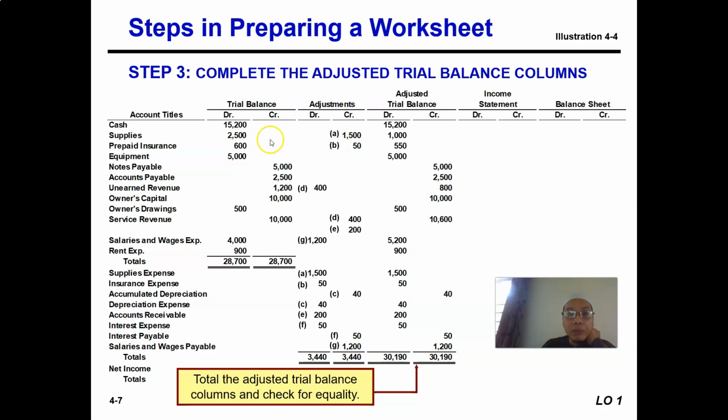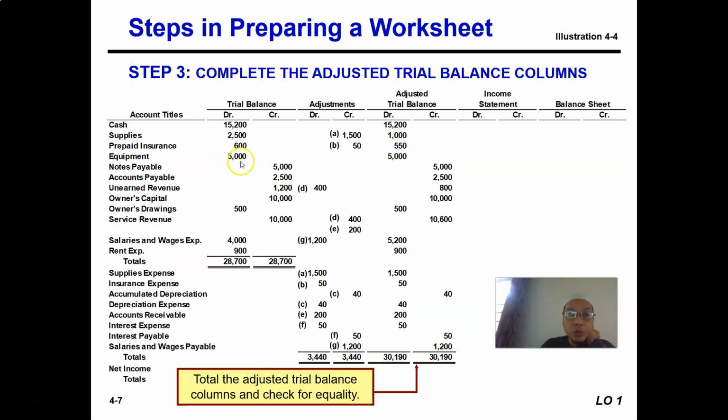On the debit side, because the debit side is greater than the credit side. Therefore, there's a debit balance of 1,000. Prepaid insurance starts off with 600 on the debit side, but there's an adjustment of 50 on the credit side. Therefore, the net amount is 550 on the debit side.